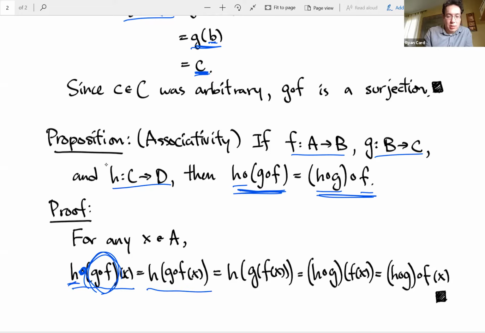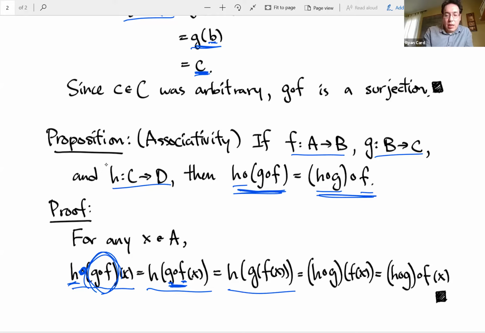So that's what goes there, by the definition of the composition. Now let's look at the composition on the inside. g of f means the f function is sitting inside of g. So that's what goes there.